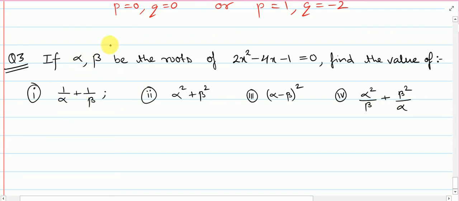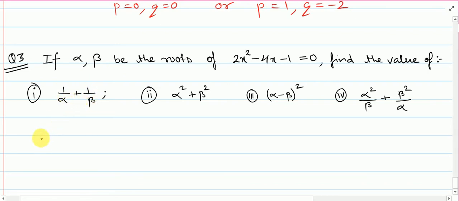So they are already saying that alpha and beta are roots of this 2x square minus 4x minus 1 equal to 0. But we have to find what? 1 by alpha plus 1 by beta.